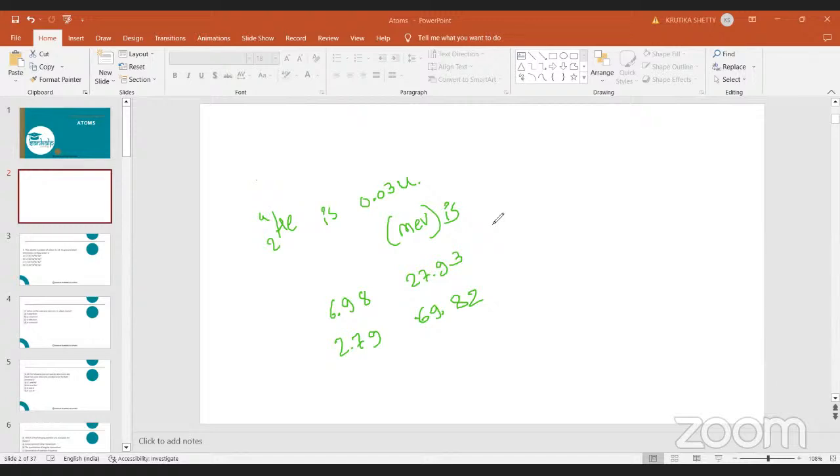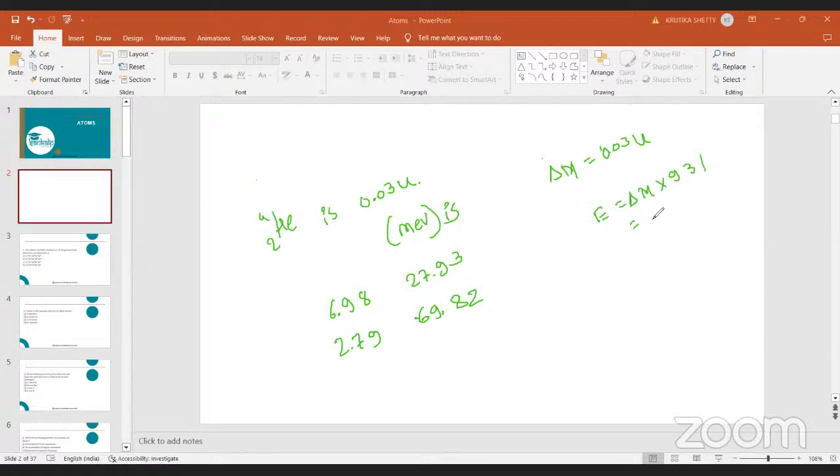Yes, is anybody getting the answer? So here the mass defect is 0.03 U. Then the binding energy of the helium is delta M into 931 mega electron volt.